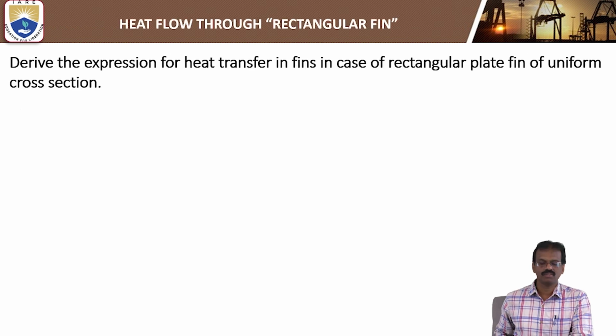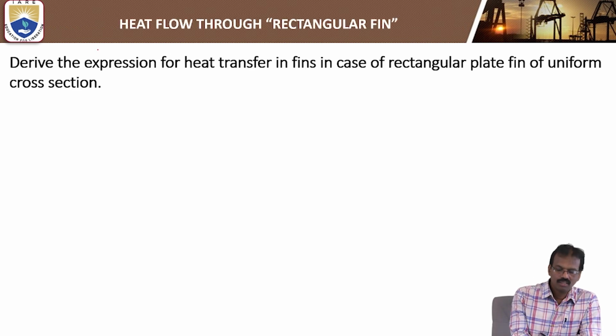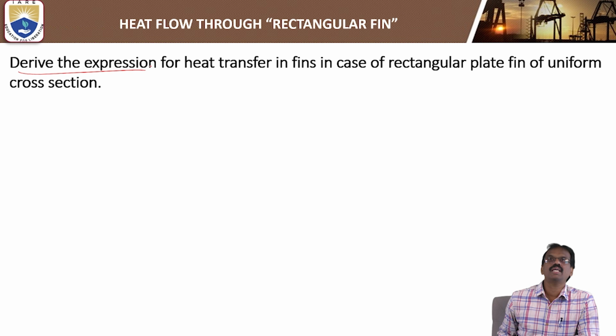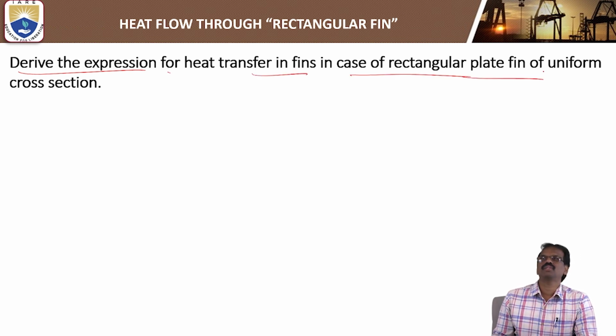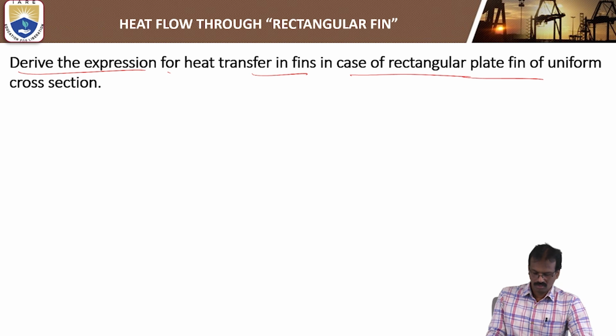We'll derive the critical thinking question: derive the expression of heat transfer in fins in the case of a rectangular plate. We'll see how to find the rate of heat transfer in a rectangular fin.